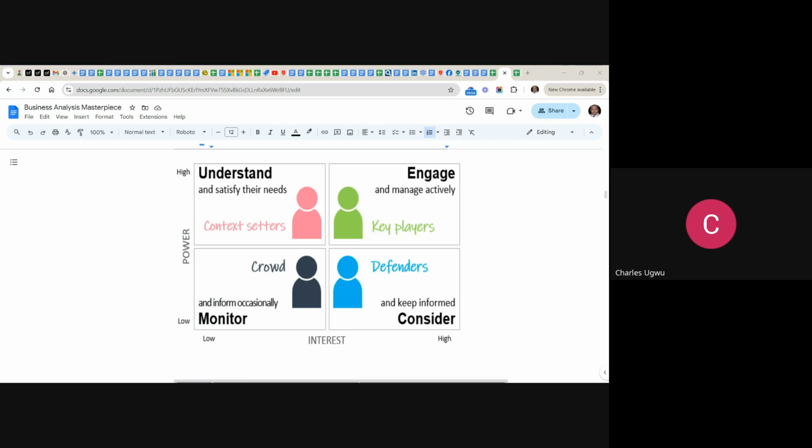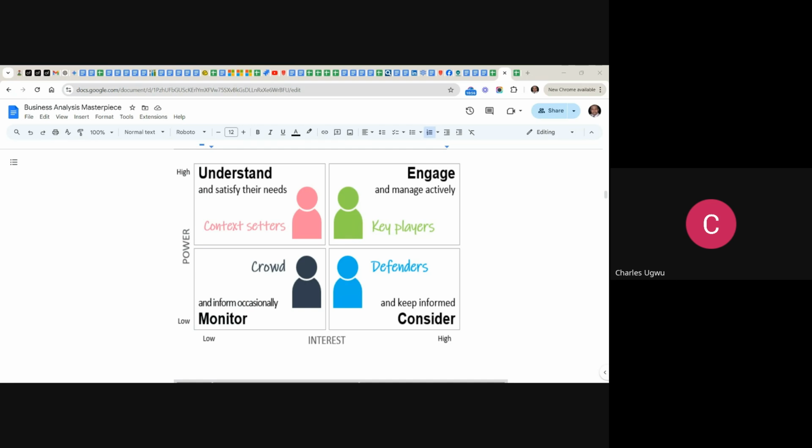So understand what these people are looking for and just give it to them. That is what the project is saying. Good. Having understood these people, the content setter, then we'll have engage. Engage and manage actively.